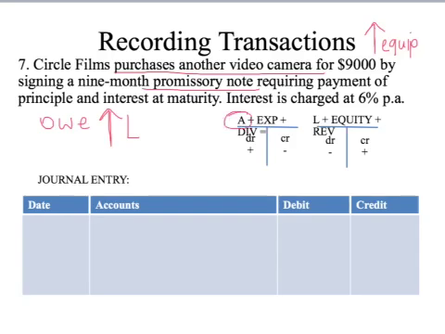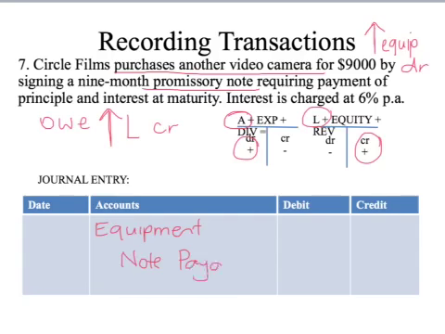Equipment is an asset, so that will be a debit. And increasing a liability is going to be a credit. Write the debit first, followed by the credit. That's $9,000.